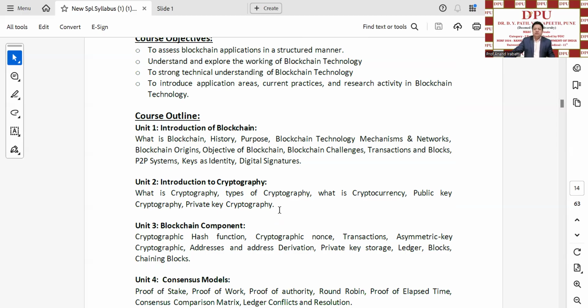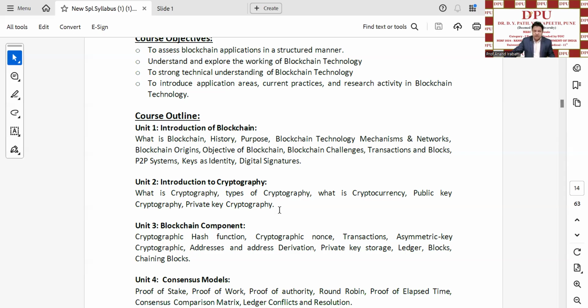At the base of blockchain technology is cryptography. So it is essential to learn what cryptography is, how cryptography works, what are the algorithms of cryptography. The second unit will give you the complete understanding of cryptography.